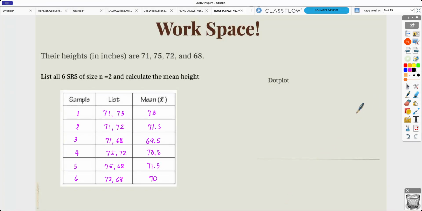Okay, so let's create a dot plot from the means. We can start at 70 and then say 71, 72. Oh, we have a 69.5 here. So we might just as well start with 69. And then your highest is 73.5. So we can end up at 74.